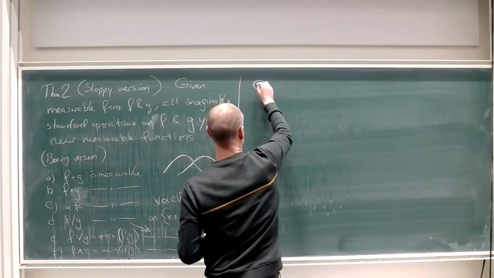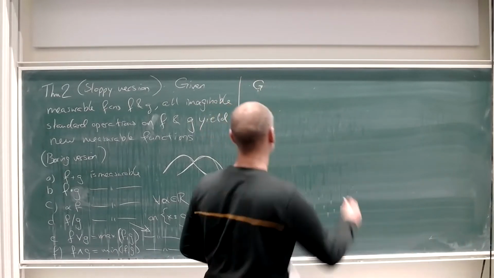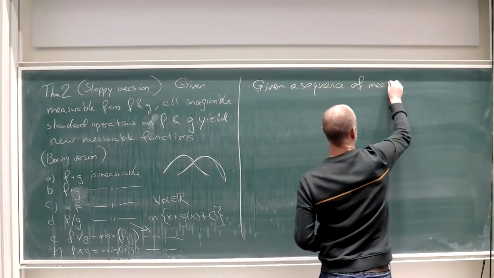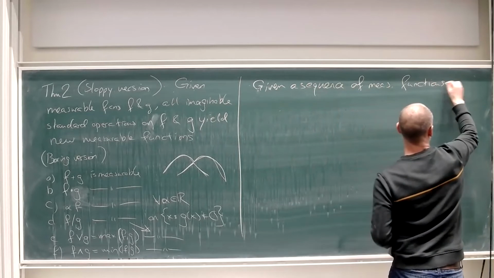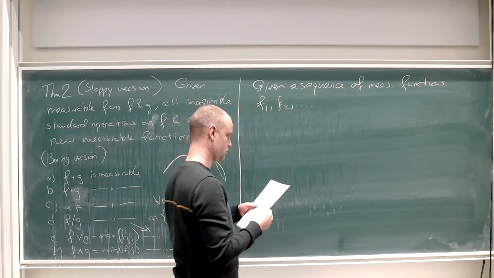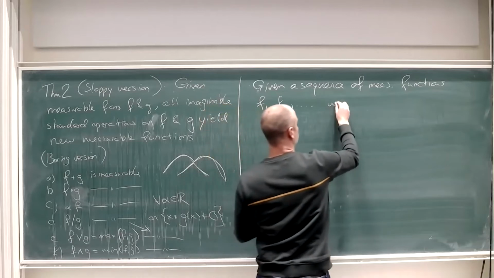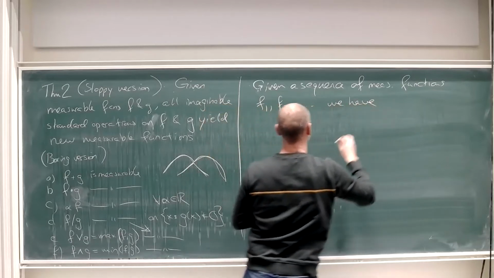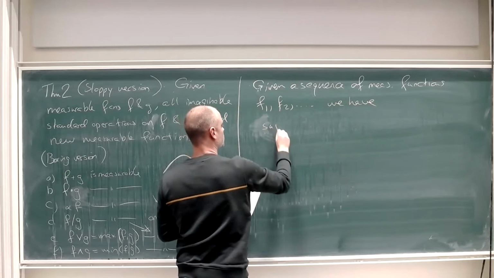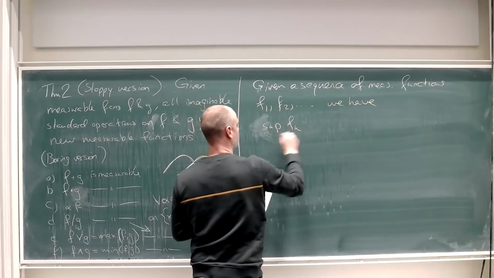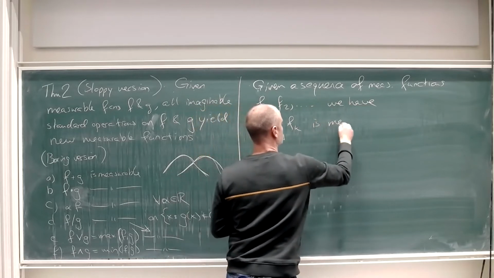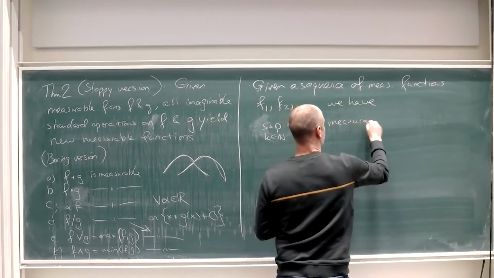Okay, now we scale this up a bit. Given a sequence of measurable functions, we have that the supremum of f_k, k in N, is measurable.